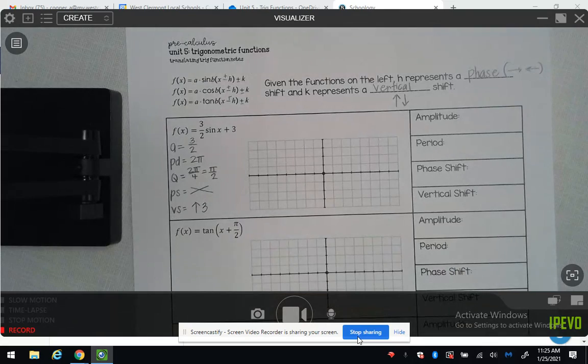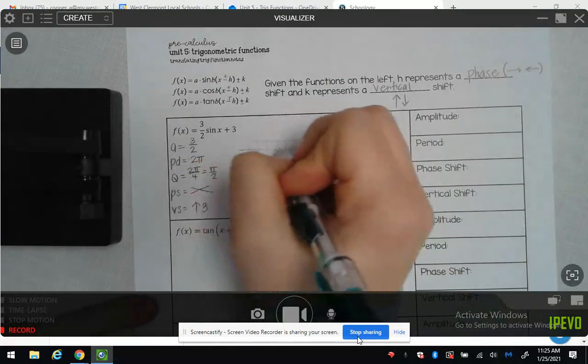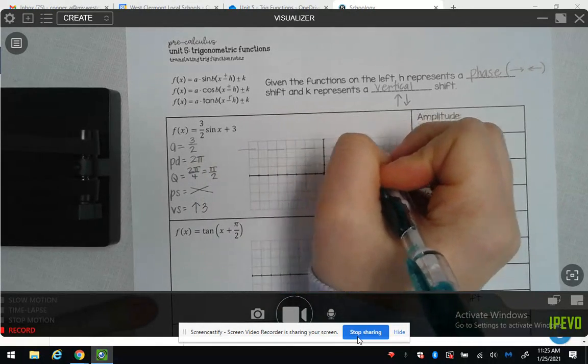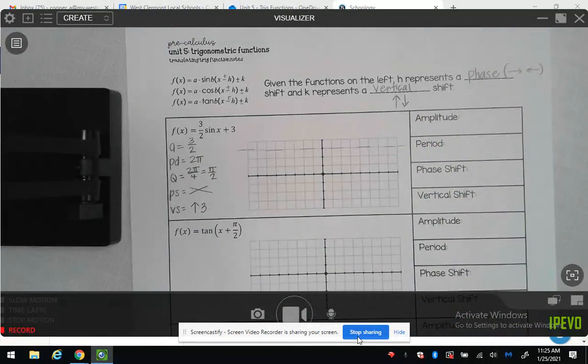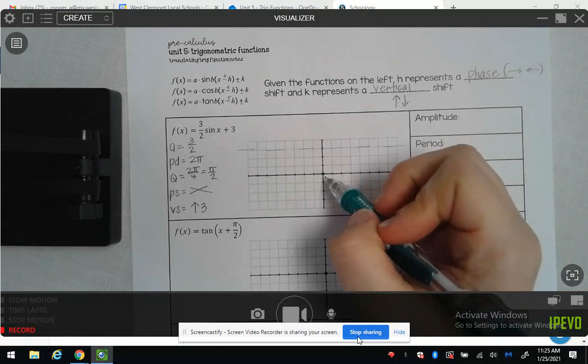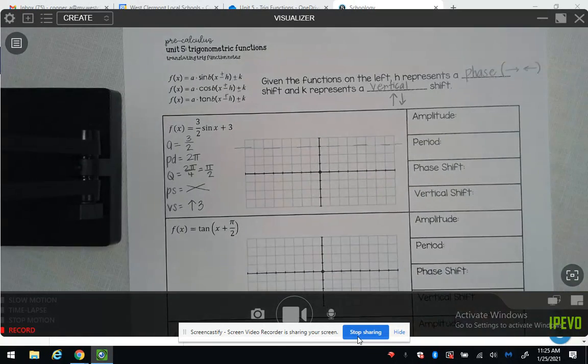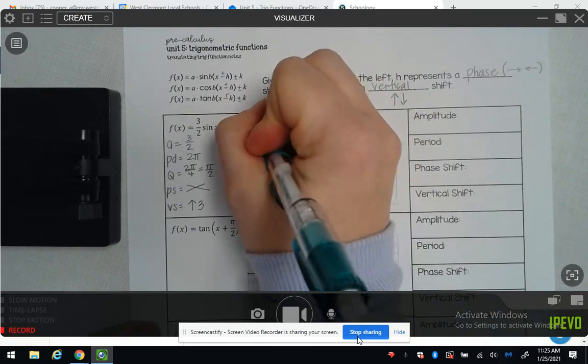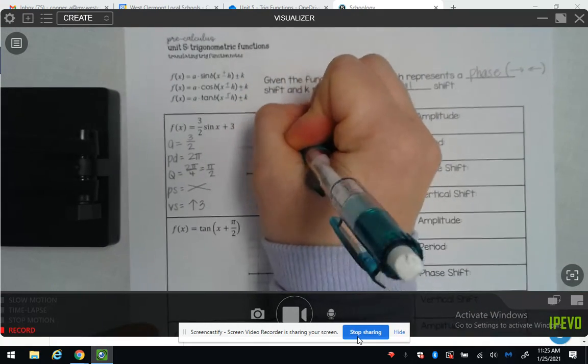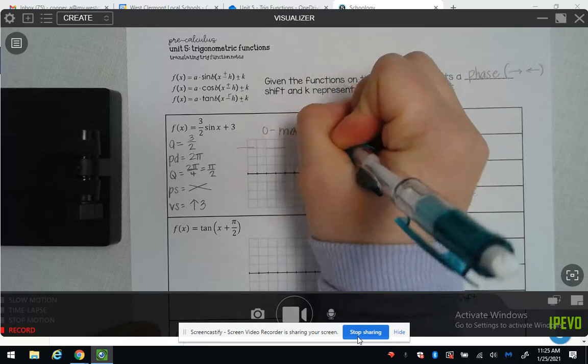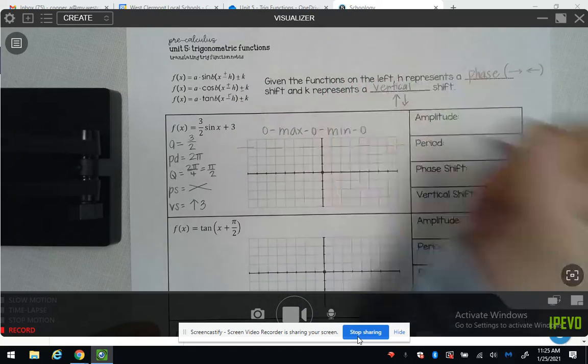One thing you could do, and you'll see me do sometimes, is make a new baseline. I shifted my entire graph up 3, so 0 is no longer here. It is now my new baseline. Also, my sine graph cheat is 0, max, 0, min, and 0.